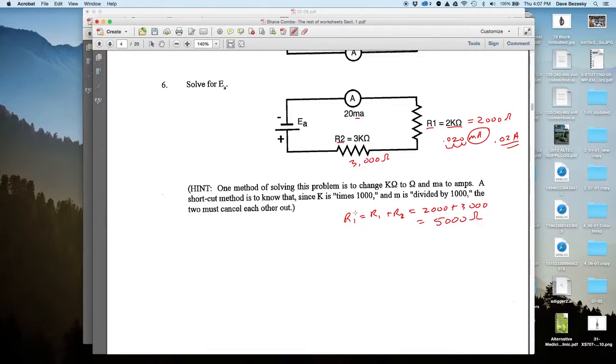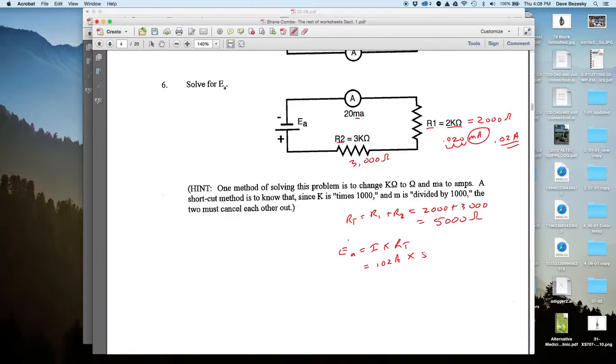Okay, so now EA is equal to I times RT. I is equal to 0.02 amps.